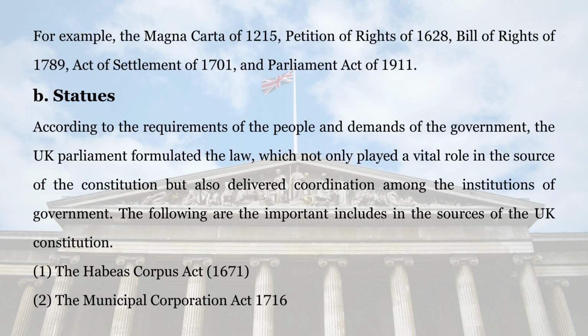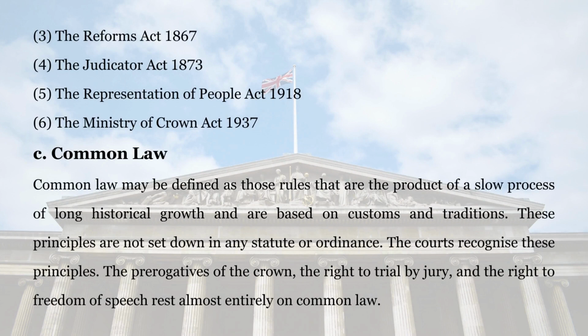The Habeas Corpus Act, 1671. 2. The Municipal Corporation Act 1716. 3. The Reforms Act 1867. 4. The Judicature Act 1873. 5. The Representation of People Act 1918. 6. The Ministry of Crown Act 1937.